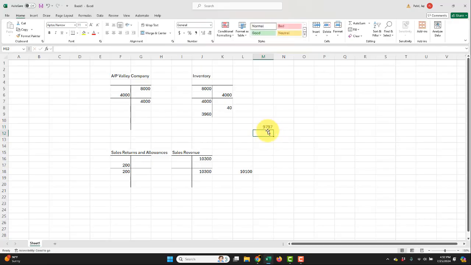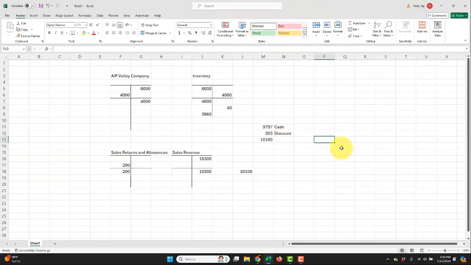This is how much cash we're going to bring in: 97% times the gross accounts receivable amount. We can also calculate the discount by multiplying the amount they owed us by 3%. You can see that the sum of these is equal to the total receivable. So this is how much cash they're giving us, and this is a discount that we have to account for also.